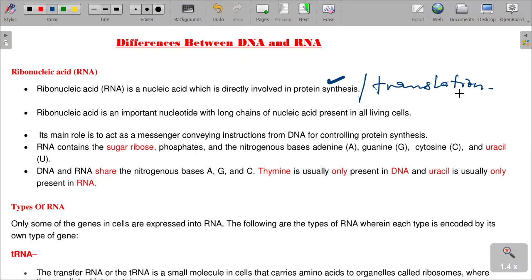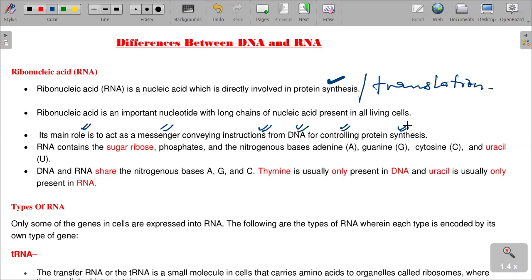Its main role is to act as a messenger. RNA's main role is to act as a messenger, conveying instructions from DNA for controlling protein synthesis. I'm sure you understand that DNA controls the structure and functioning of an organism.